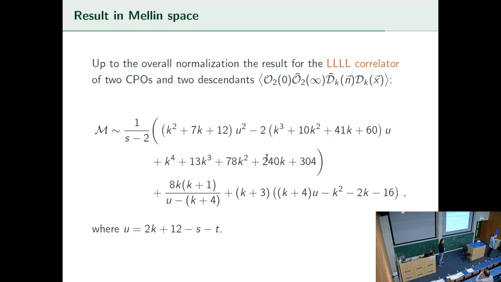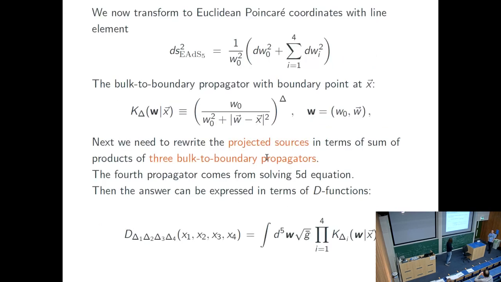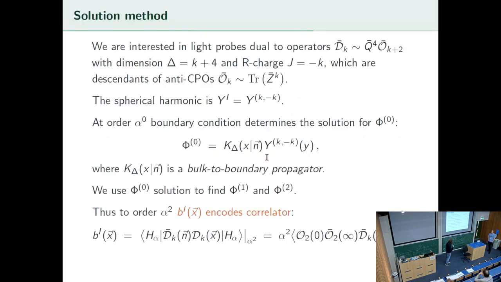Did I understand correctly that from this heavy-light construction, you computed the correlator not of the superprimaries but of some descendants? Yes, the dilaton is dual to the descendant. And then you use the superconformal Ward identities to reconstruct.